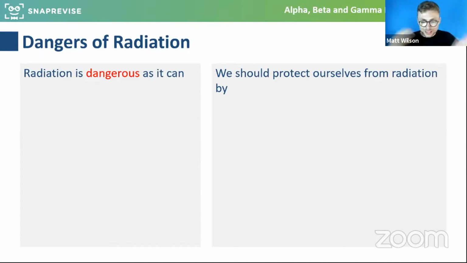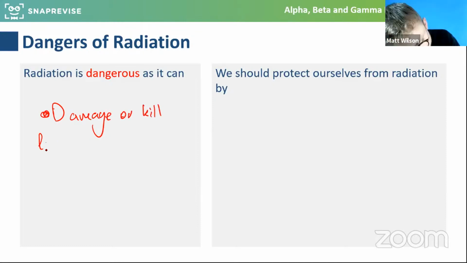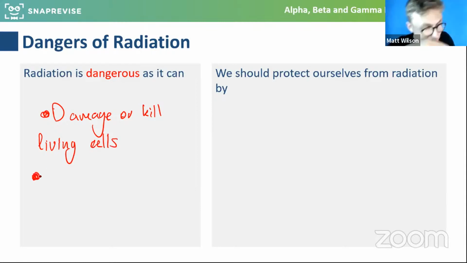Okay, so what are these dangers of radiation? Well, because it can edit and change the structure of an atom, it can damage or kill living cells. So that's a serious issue that we need to try and avoid.